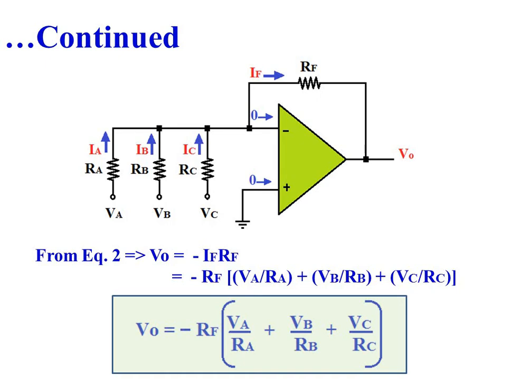So we can write the expression for output voltage V0 as V0 is equal to minus RF into (VA by RA plus VB by RB plus VC by RC).